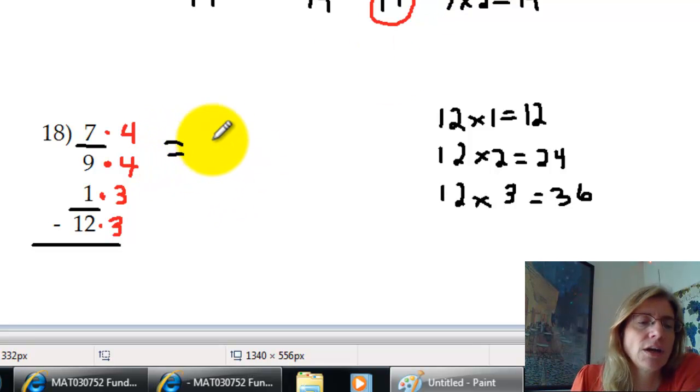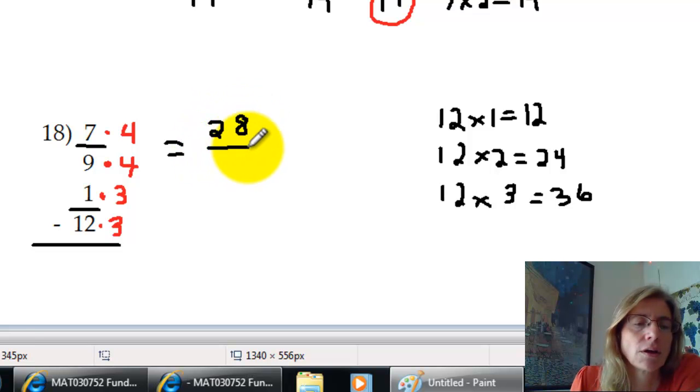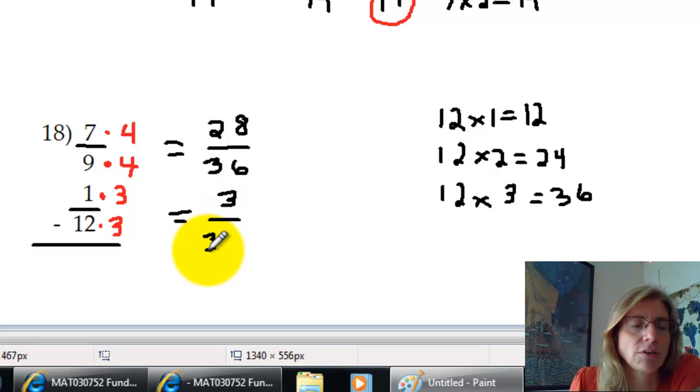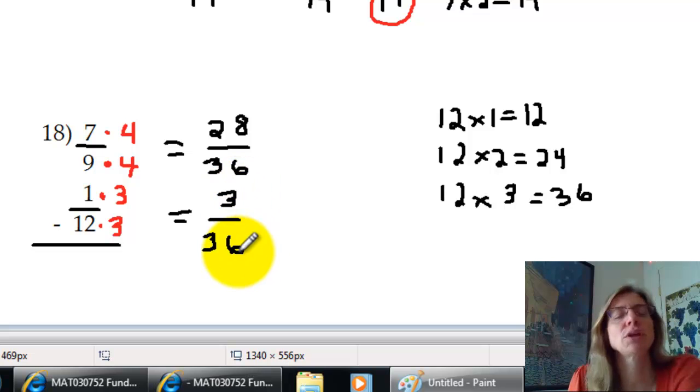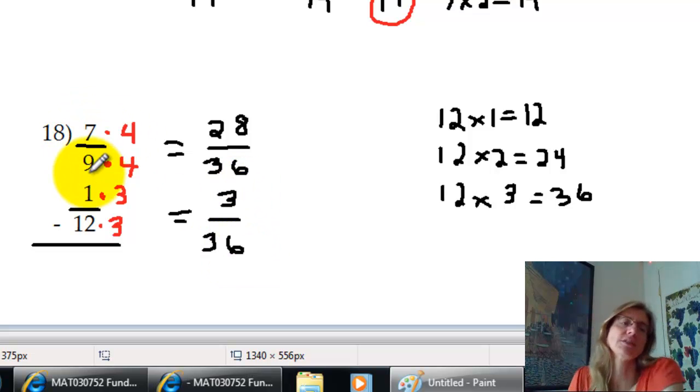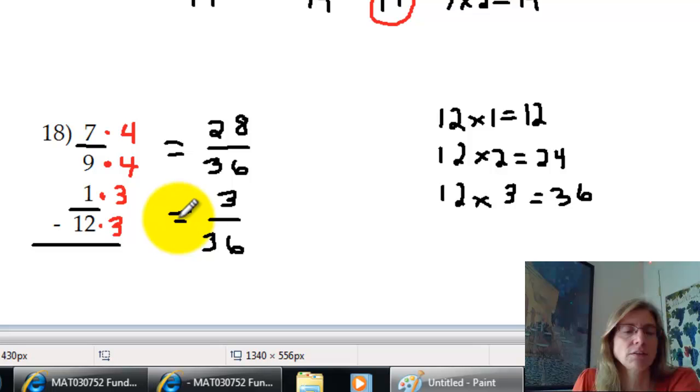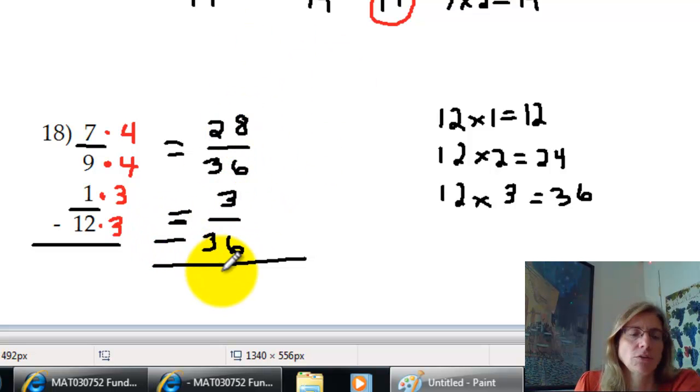So then 7/9 becomes 28/36, and 3 times 1 is 3, 12 times 3 is 36. So the equivalent fraction to 1/12 is 3/36, and the equivalent fraction to 7/9 is 28/36. And make sure that we bring our subtraction sign over, and then we do 28 minus 3, which is 25.